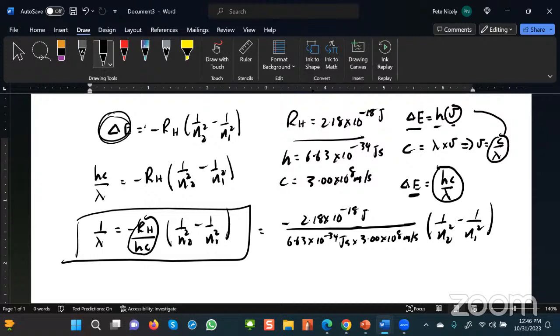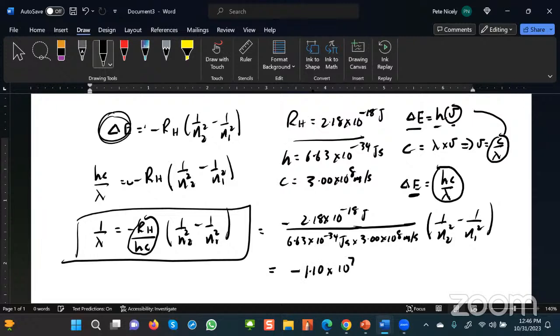So let's see what that collection of constants is going to give: 2.18 times 10 to the minus 18 divided by 6.63 times 10 to the minus 34 times 3 times 10 to the 8. According to my calculation, when rounded off to 3 significant figures, this part gives minus 1.10 times 10 to the 7.